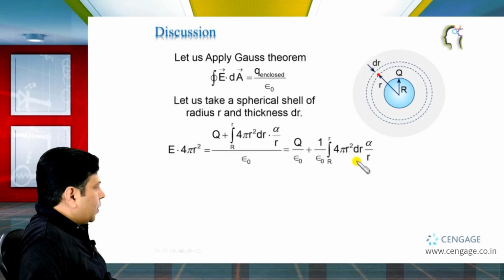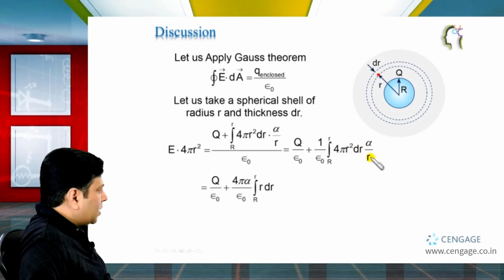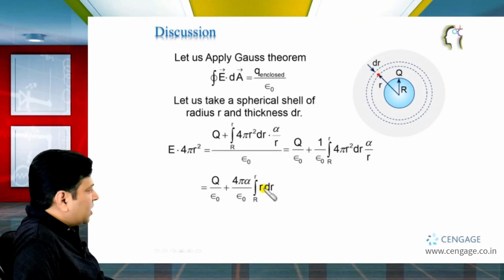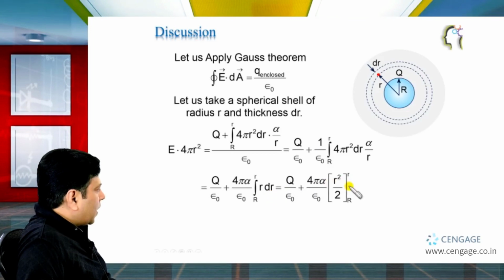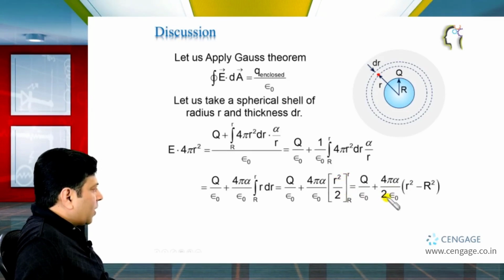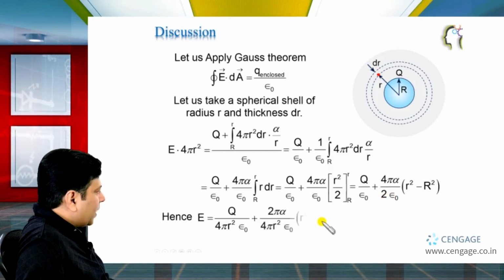Again, r square and r will get cancelled. So this is the final expression. And we know the integration of this term is r square by 2. So we can write like this. Now we can put in the limits. This is small r square by 2 minus capital R square by 2, which can be taken outside the bracket. We can further solve like this.